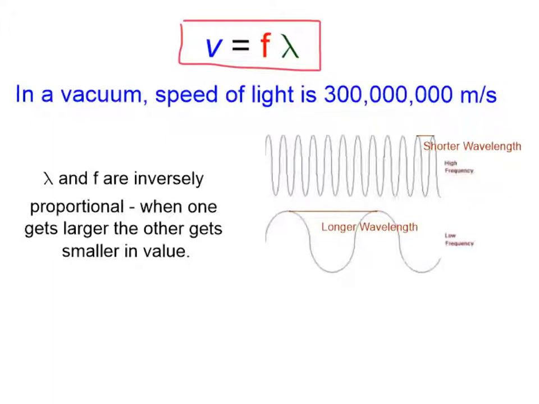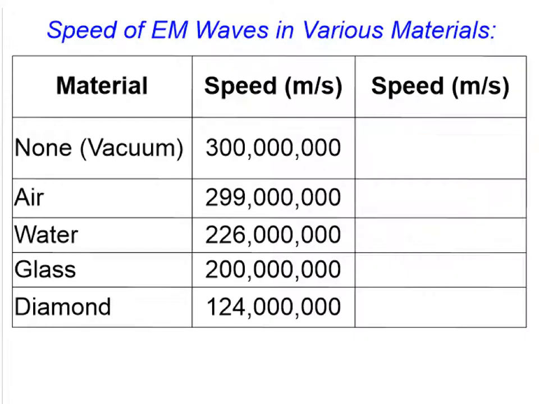Remember, the speed of light also is nature's speed limit. Nothing travels faster than the speed of light. It does matter, though, the material that the light is traveling through, or the electromagnetic wave. If the electromagnetic wave is traveling through anything except a vacuum, it will be just a little bit slower than this. So let's take a look at some of those values.